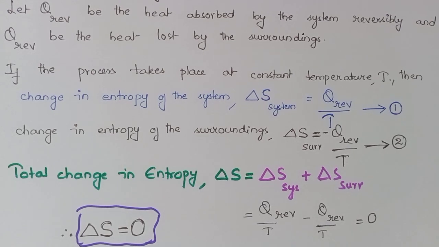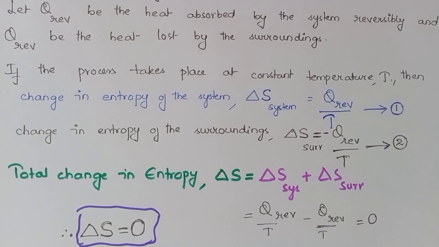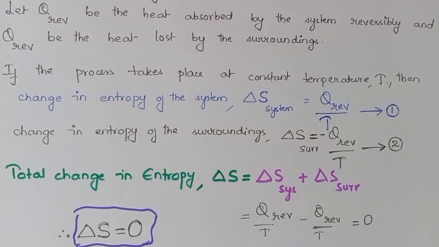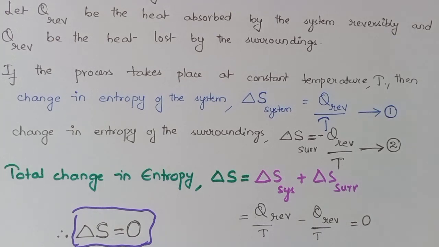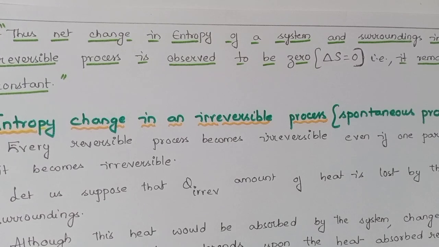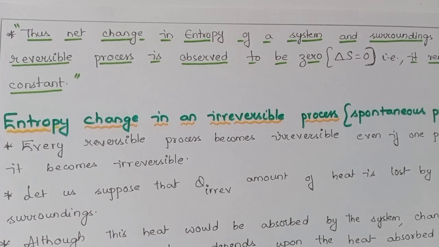So, in a reversible process, there will be no change in entropy. Why? Because the amount of heat lost by the surroundings and the amount of heat absorbed by the system will be the same. Got it, students? So, this is about entropy changes in a reversible process. Those who have not written the last sentence, please copy it down.